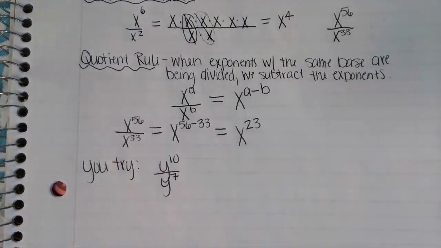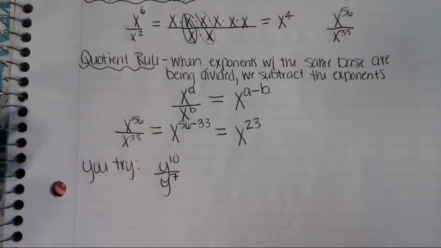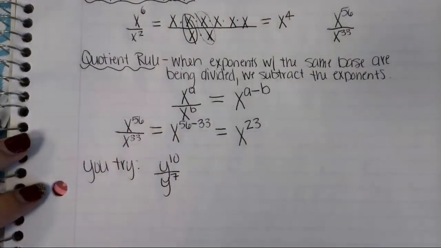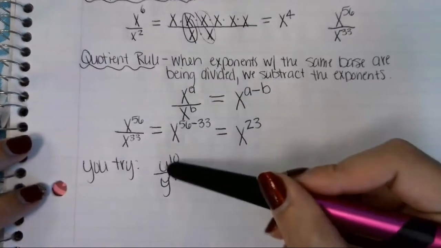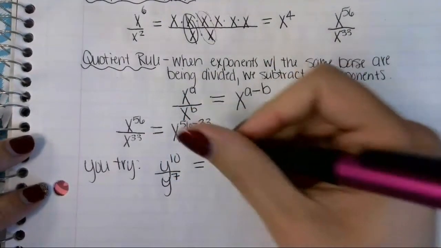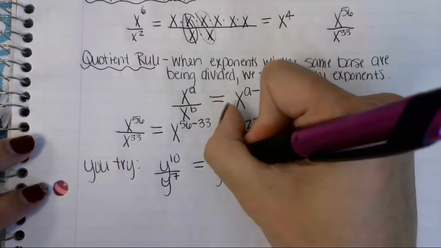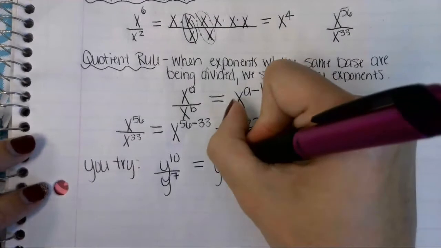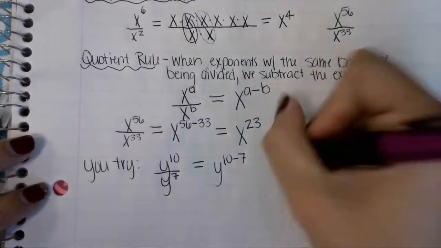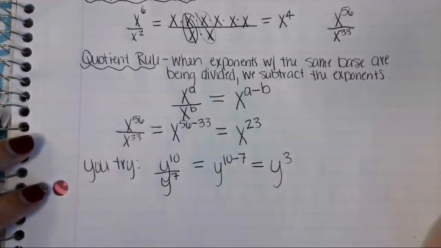Hit pause and try this one on your own, and then I will go over it. So, when we do this one, we have the same base, so we need to subtract our exponents. I'm going to rewrite this, keeping the y, and I subtract 10 minus 7. I know 10 minus 7 gives me 3, so my answer is y to the third.